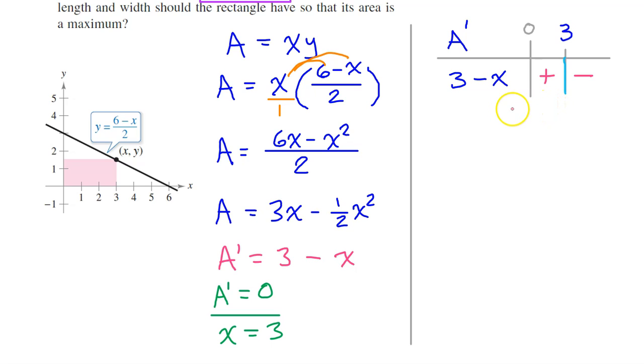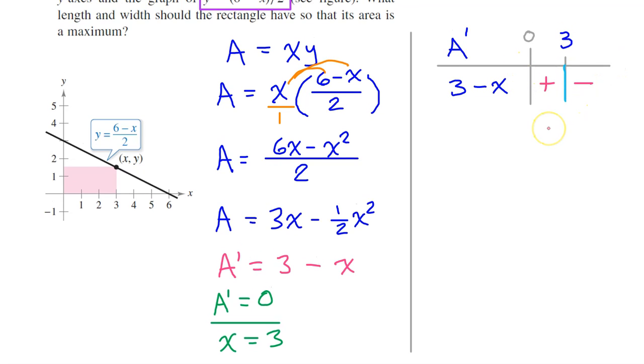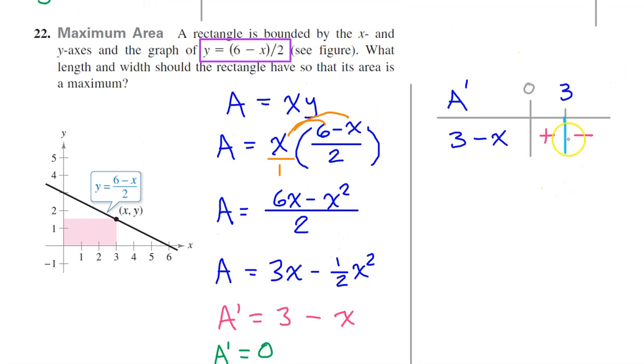We need to find the absolute maximum area. Luckily, this is a special case where A only has one critical value on its entire domain. This single critical value divides the domain into only 2 intervals. Since we know that A prime is positive for the first portion of the domain, then we know that the area A is increasing over the first portion of the domain.